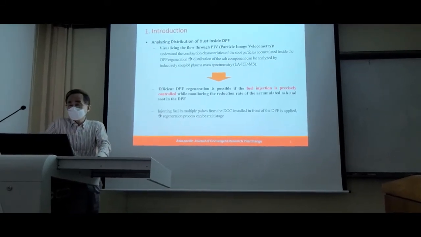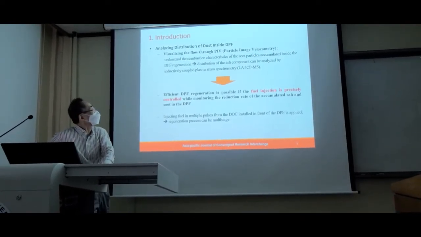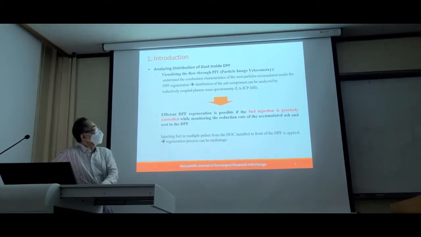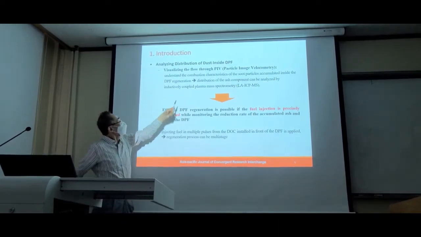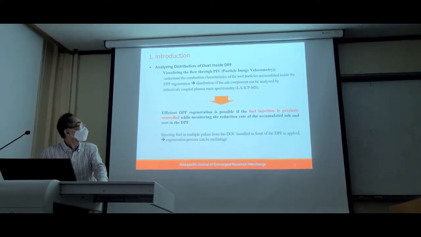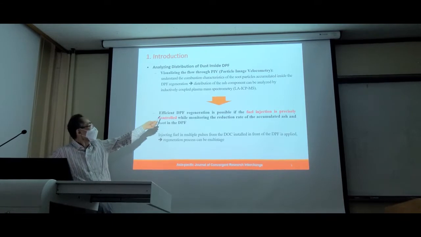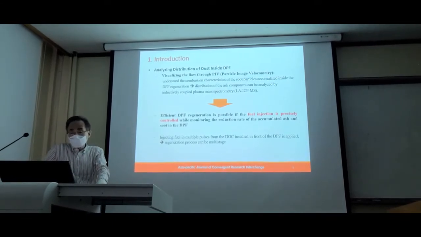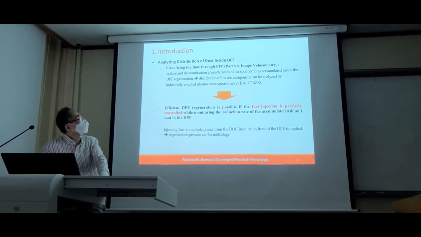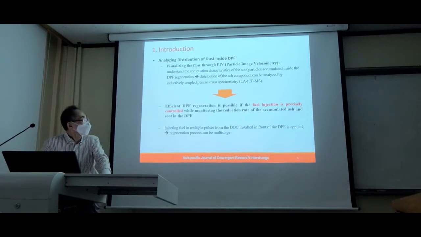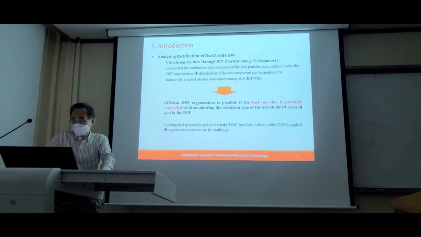And to understand the combustion characteristics of soot particles accumulated inside the DPF, the distribution of the ash component can be analyzed by inductively coupled plasma mass spectrometry techniques. Efficient DPF regeneration is possible if fuel injection is precisely controlled when monitoring the reduction rate of the accumulated ash and the soot in DPF.